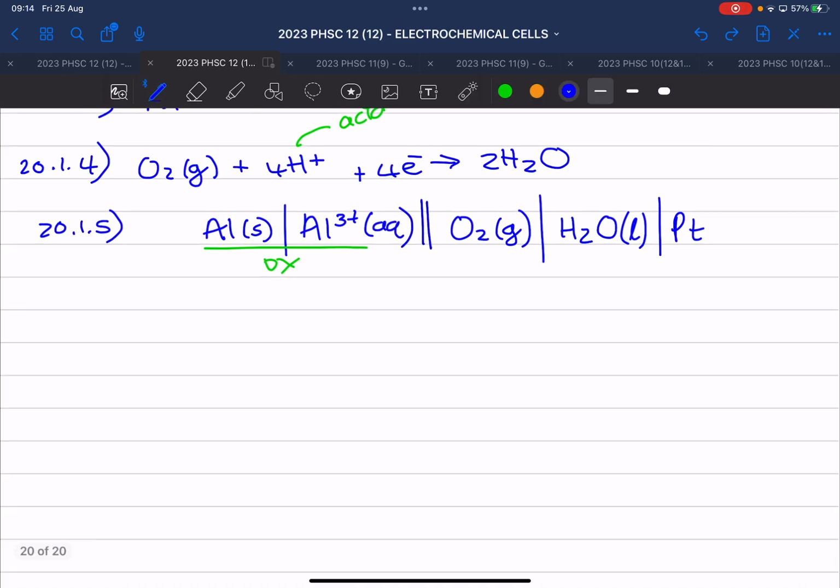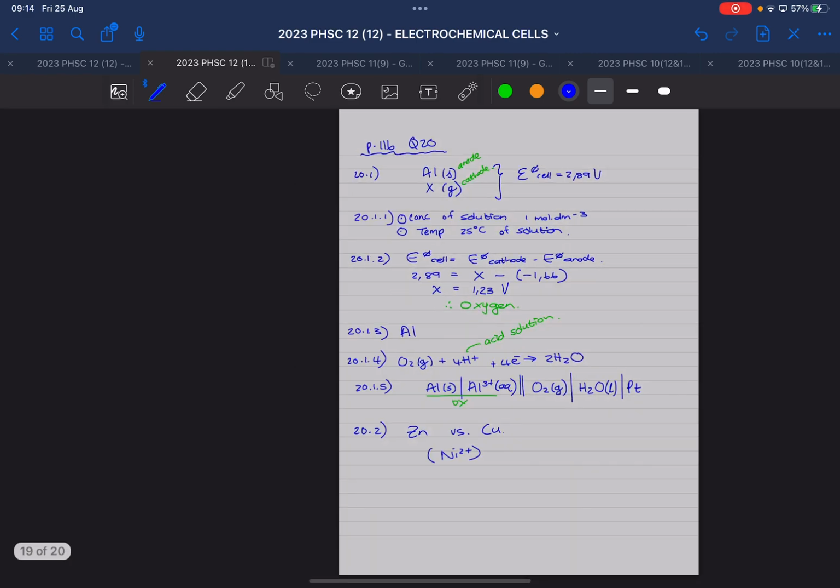Okay. Then they'll ask a question 20.2. Which container, a zinc or a copper container, will be more suitable to store an aqueous solution of nickel ions? Use this table of standard reduction potentials to explain your answer. Okay, so we must go to table 4b.